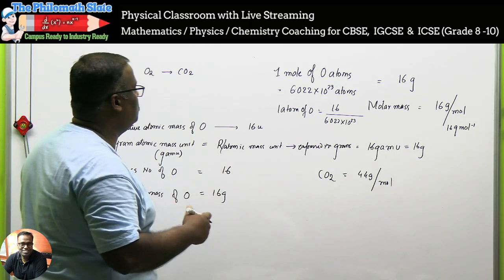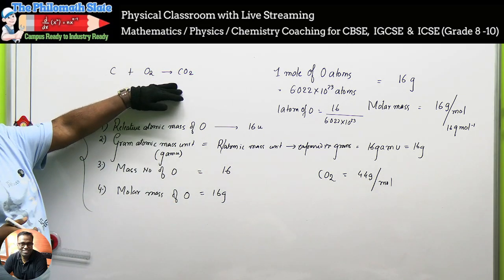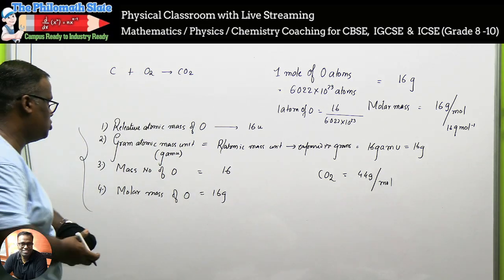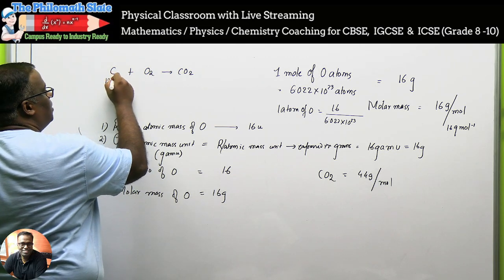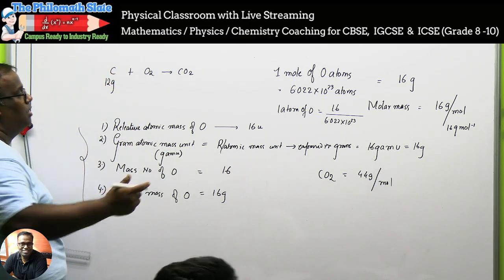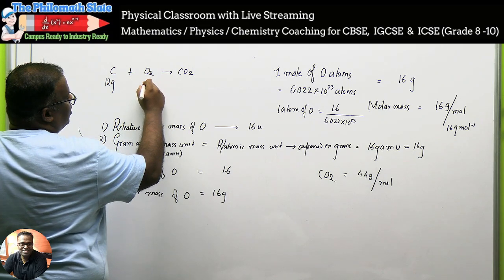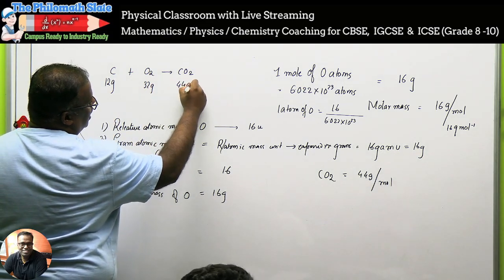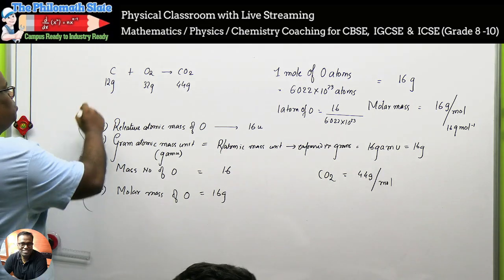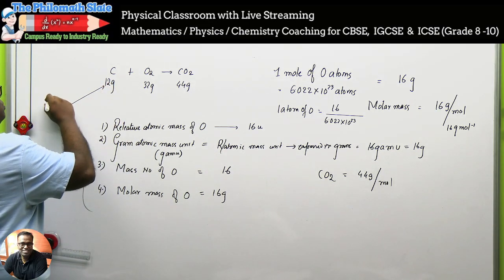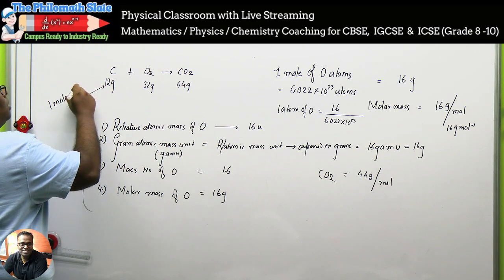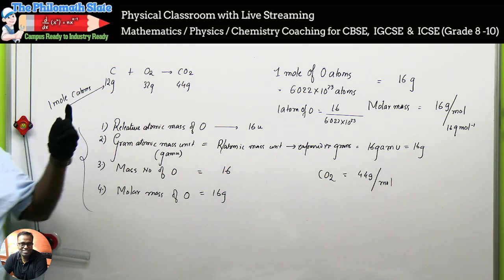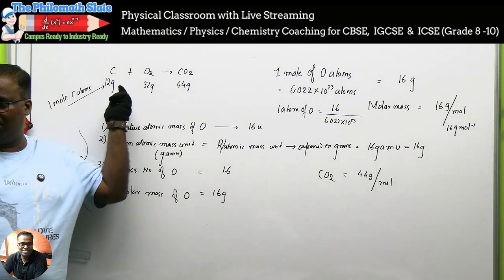Okay, so this is how much. Now you may say, sir, do this reaction in actual terms. Yes, possible. 12 grams carbon you bring, react it with how much? 32 grams of oxygen. You get how much? 44 grams of CO2. In order to bring 12 grams of carbon, you have to bring 1 mole carbon atoms. समझ रहे हो? मतलब 6.022 × 10^23 atoms लाओगे तो 12 ग्राम हुआ.